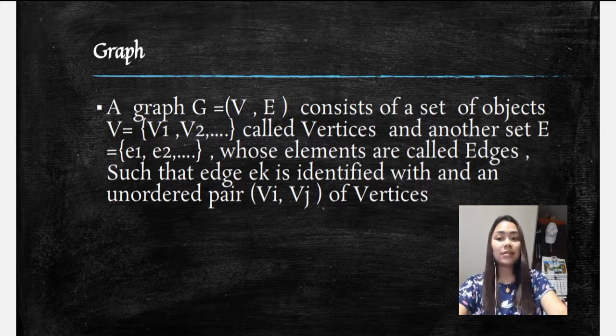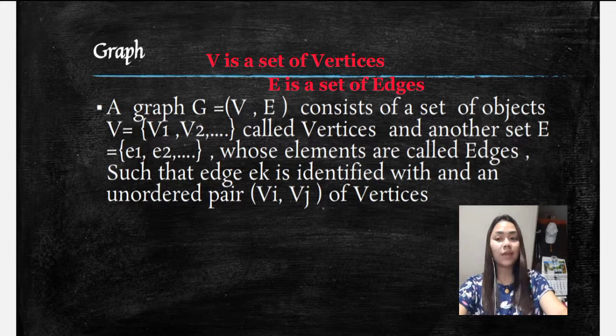A graph is represented by G equal to the ordered pair (V, E). The set V is the set of vertices, and another set E is the set of edges. Elements of set V are v1, v2, v3, and so on.